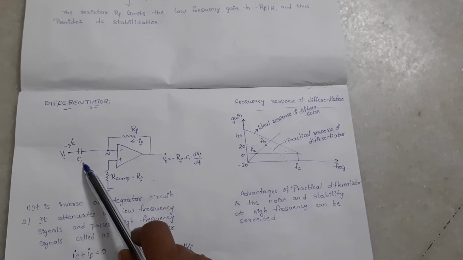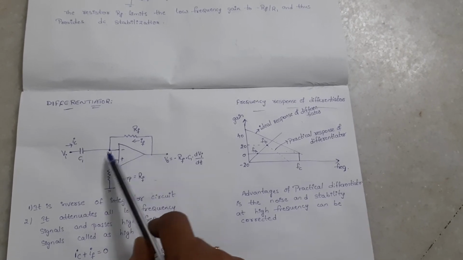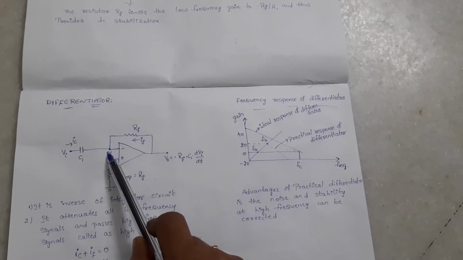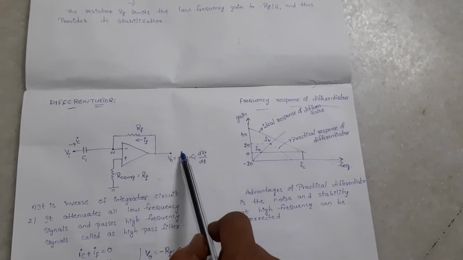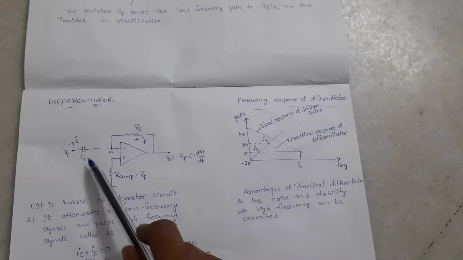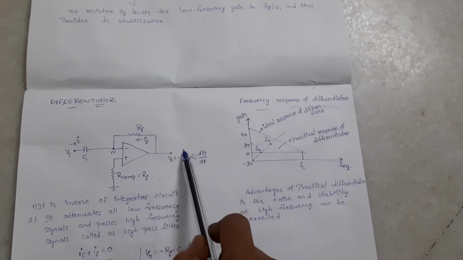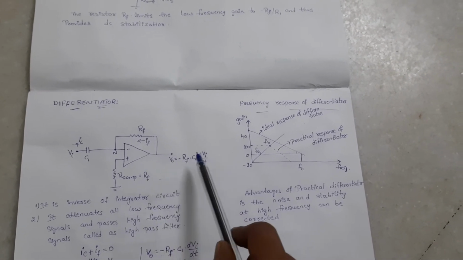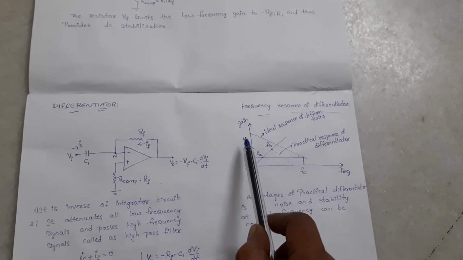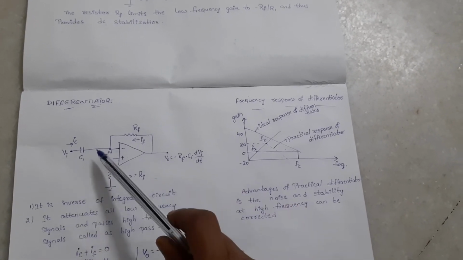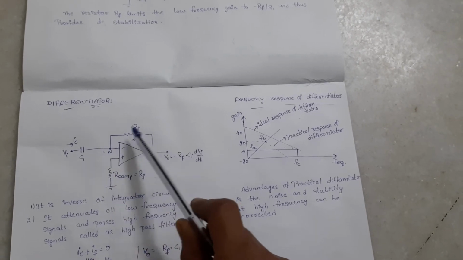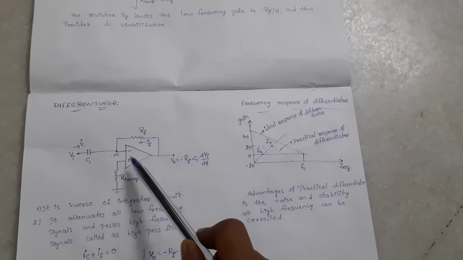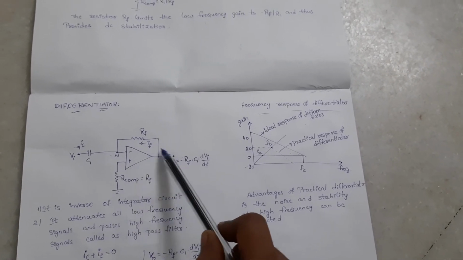Only this part will be there. Whatever the input is now 0, the output is also 0. Now as you increase the frequency, whatever the frequency is there appears here. That's why it is said that as the frequency increases, gain also increases. Whatever appears at the input side totally appears at the output side, because it is acting like a unity gain or voltage follower circuit.